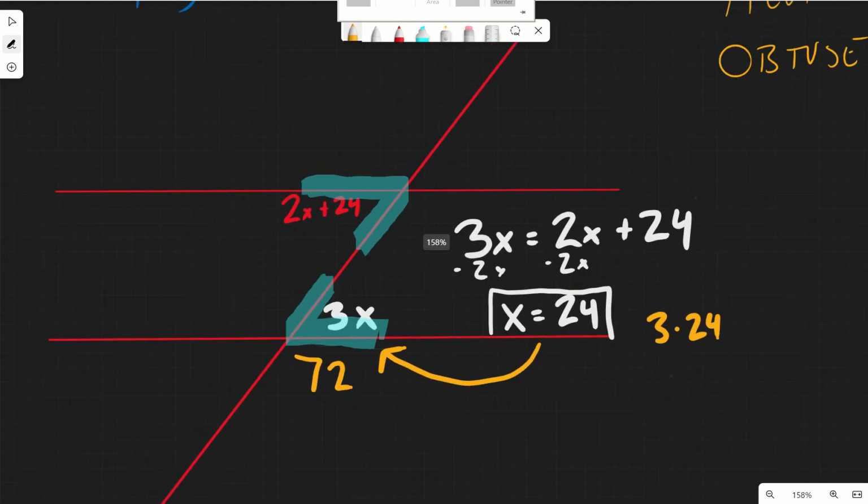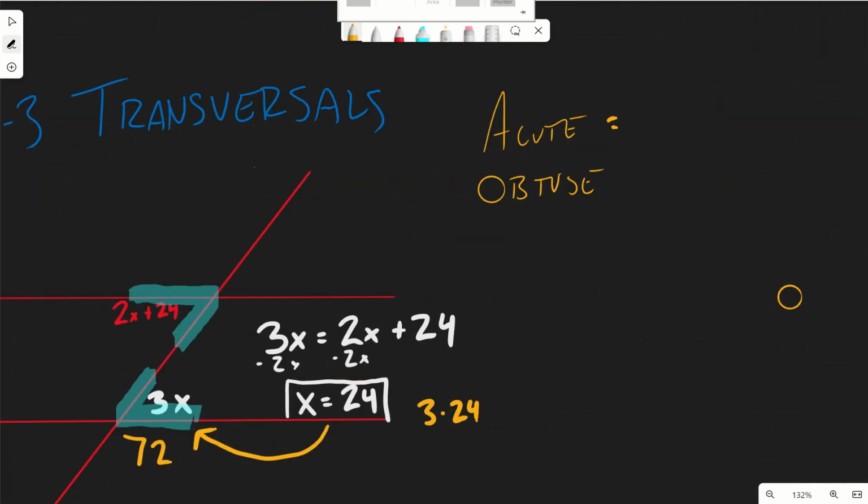That means all of my acute angles are 72 degrees. That also means that my obtuse angles are going to be 180 degrees minus 72 degrees, which gives me 108 degrees. So every acute angle here is going to be 72, and every obtuse angle is going to be 108.